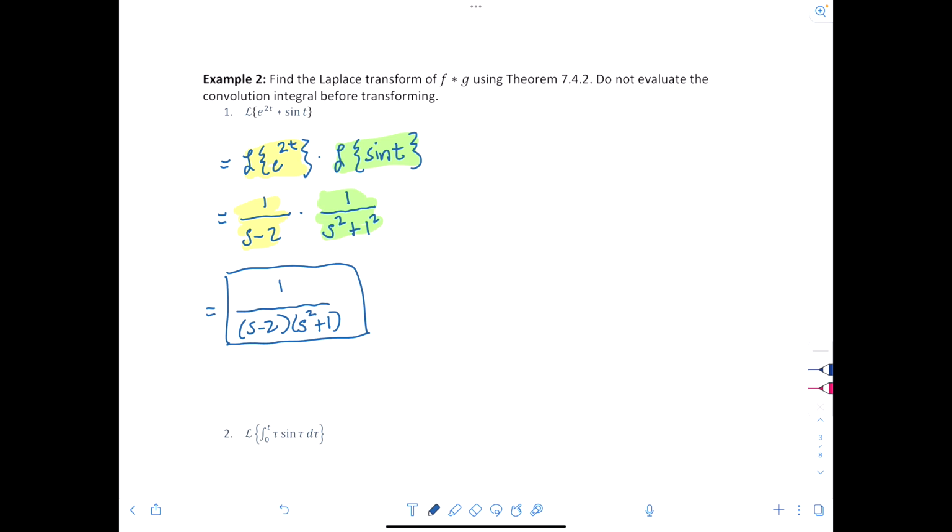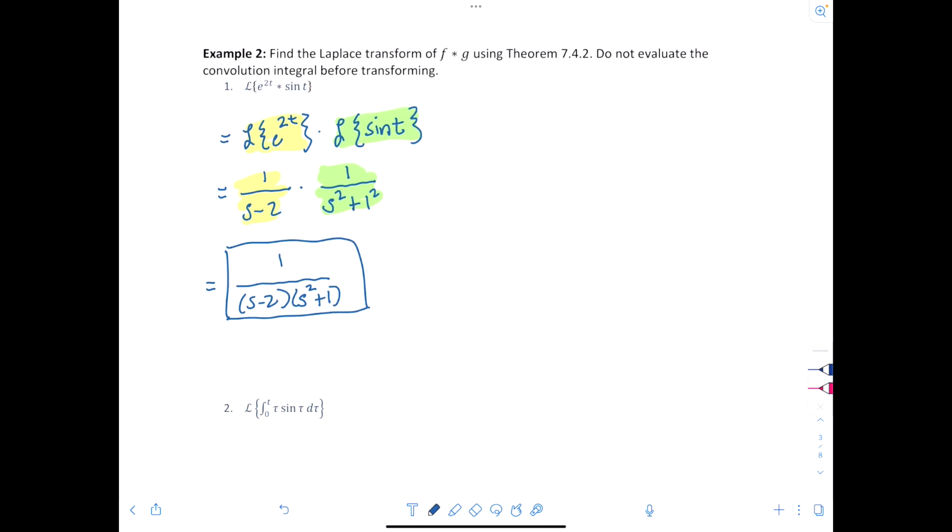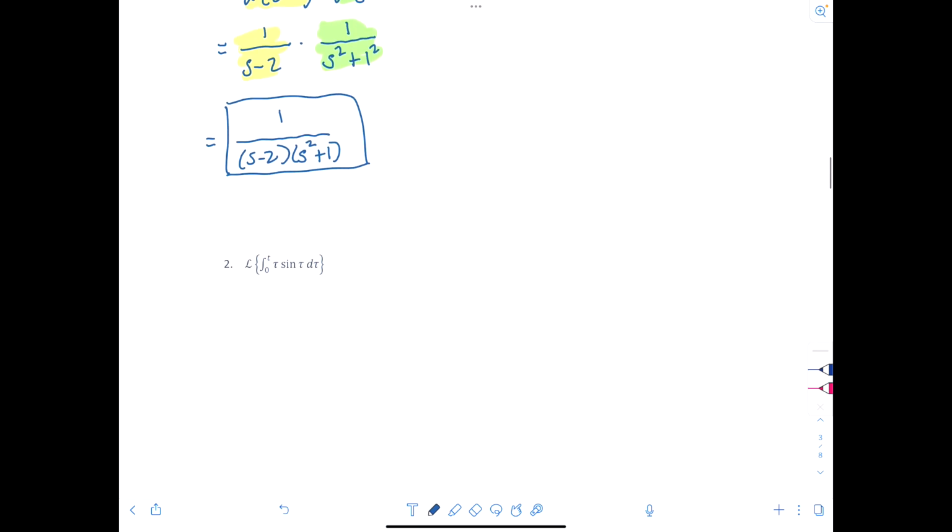All right, so now this next one, there's a little bit of a trick to this one. So here we've got this integral of something that almost looks like a convolution. It sort of looks like some stuff we learned in the last section because of that tau sine tau, right?